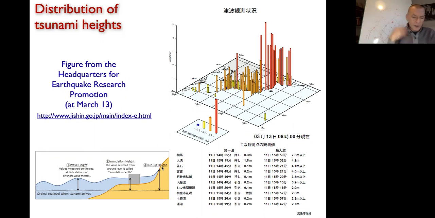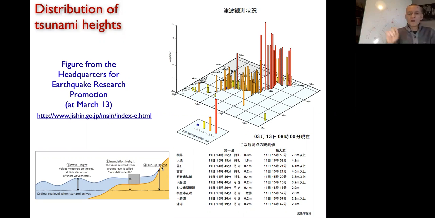So when you hear run-up, you have to think that it is not the pure height of the wave, but the height reached by the wave after it comes into the land. And that depends, of course, on whether you have defenses, steep barriers there, or not.